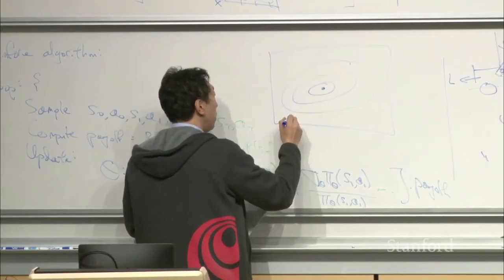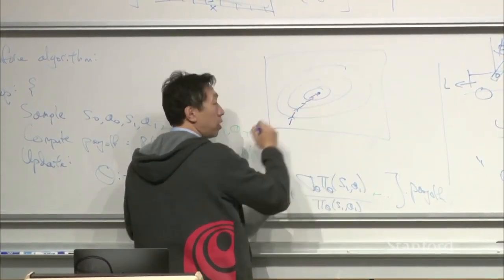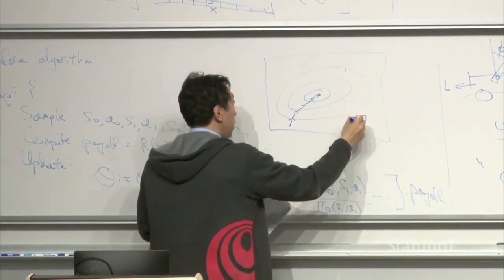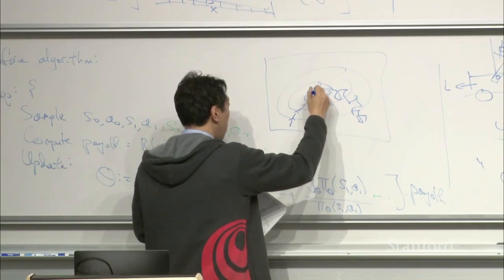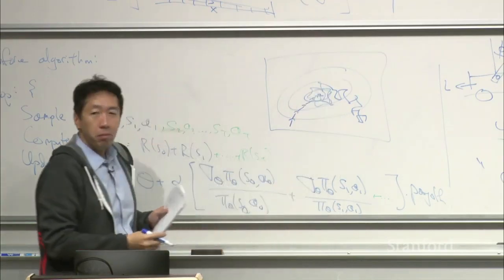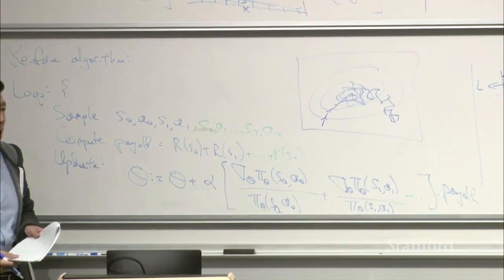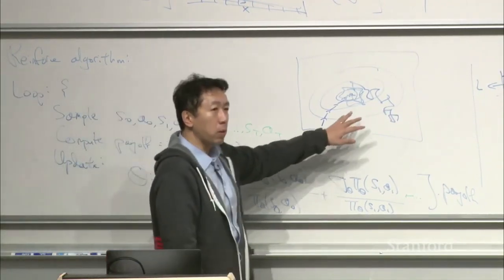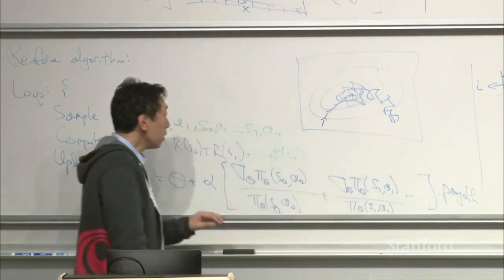If this is a global minimum, then gradient descent would just take a straight path to the minimum, but stochastic gradient descent would take a more random path toward the minimum, and it kind of oscillates around there. Maybe it doesn't quite converge unless you slowly decrease the learning rate alpha.